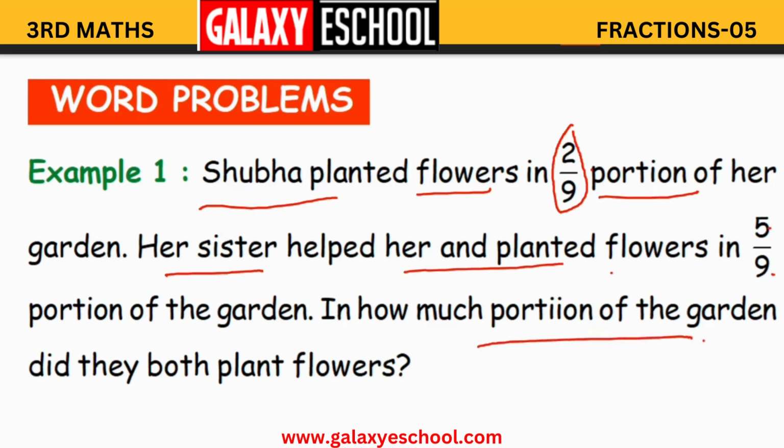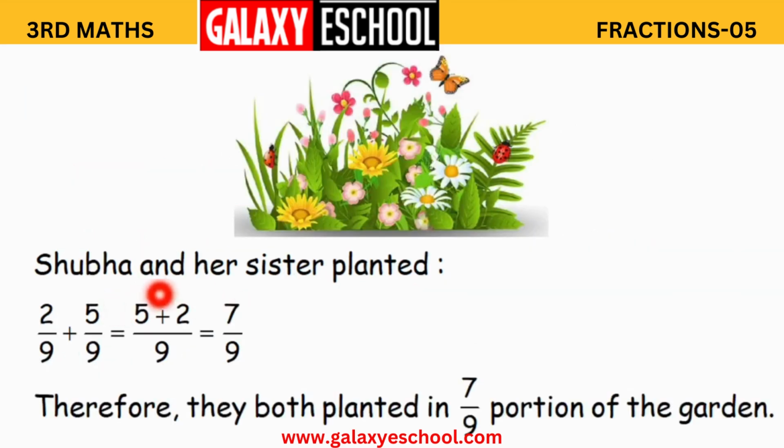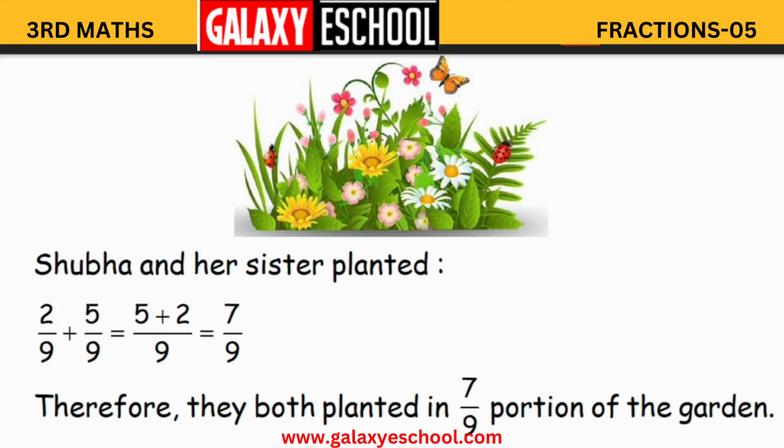Now the total portion of the garden where they planted flowers is equal to, see, Shubha and her sister planted 2 by 9 plus 5 by 9. We are adding the two given fractions, 2 by 9 plus 5 by 9.